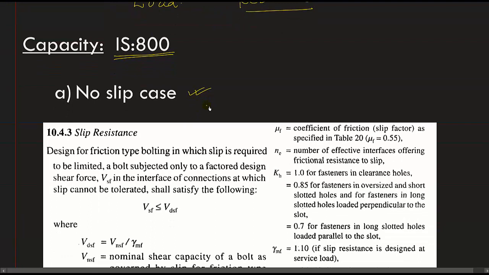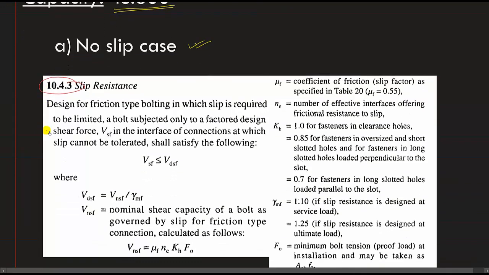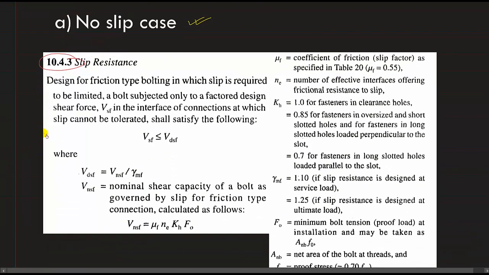If there is no slip, the bolt will have friction, and we have to find the bolt value, or the amount of load that the bolt can take, by considering the mechanism of friction, and that is given in clause 10.4.3.